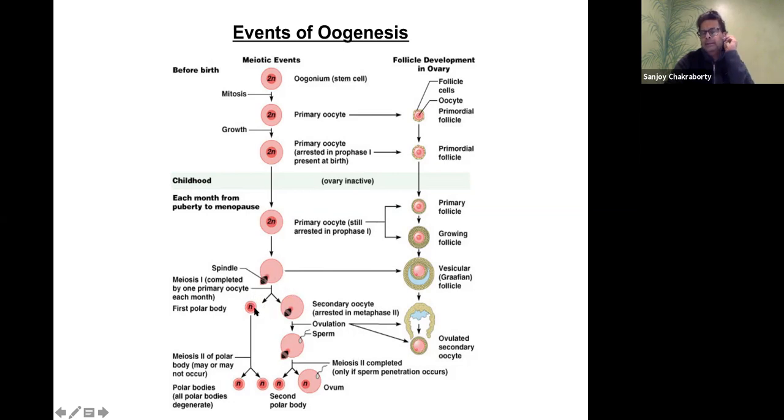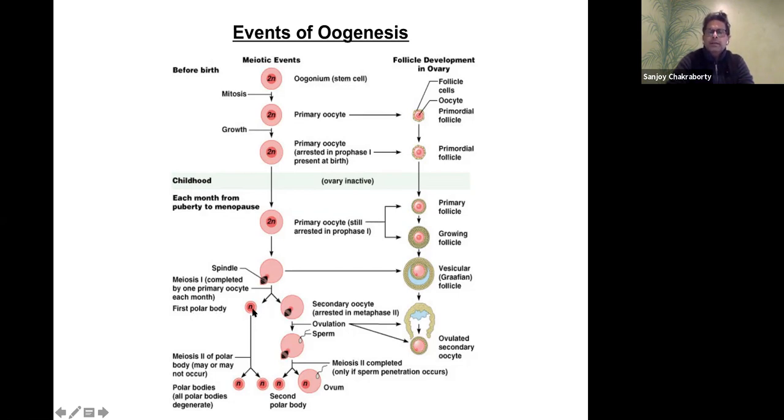During that cytokinesis, unequal division of cytoplasm happens, very different than in sperm or any other cell. Unequal means one cell gets almost all the cytoplasm along with the nucleus. The other one just gets the nucleus, just half of the DNA, with almost no cytoplasm. This is known as the first polar body.